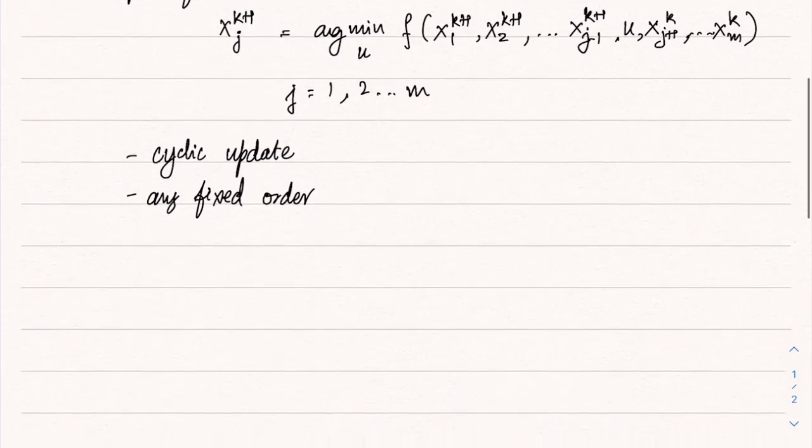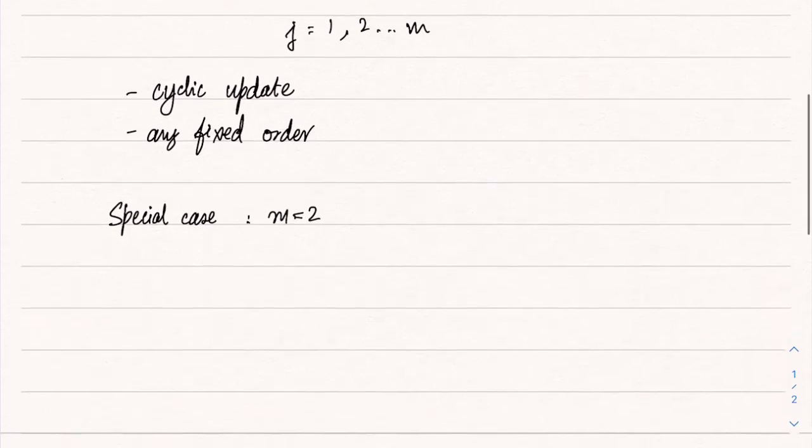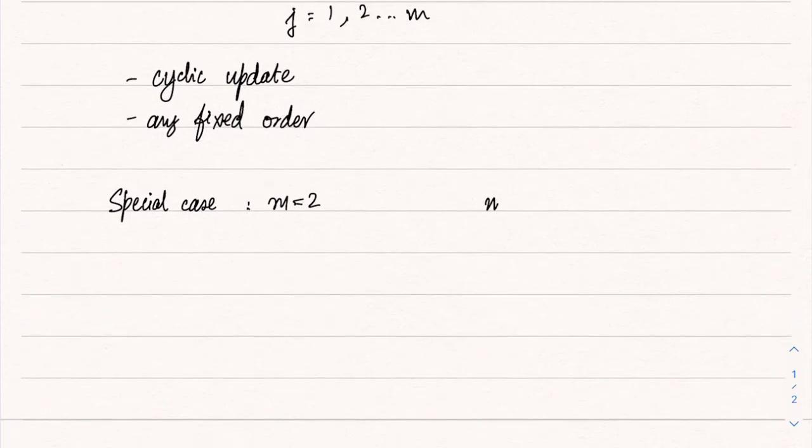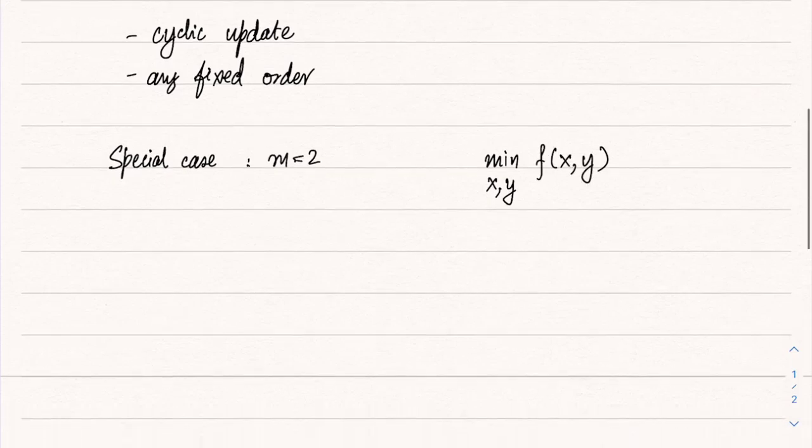And a special case of this is for m equal to 2. If you have m equal to 2, then the problem is basically min over x, y of f of x comma y, and this is called alternating minimization.